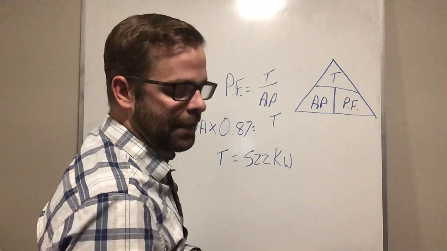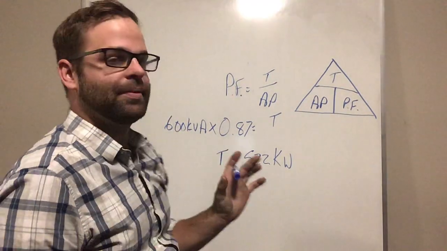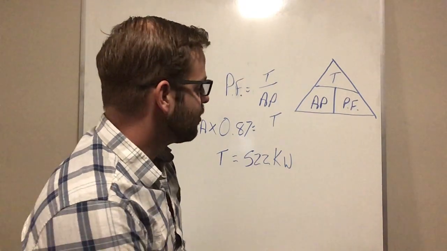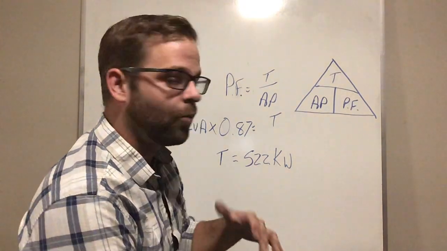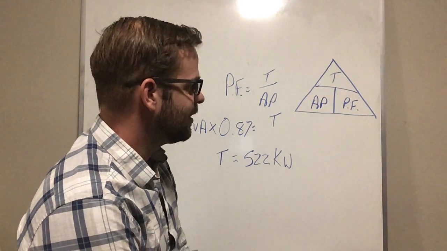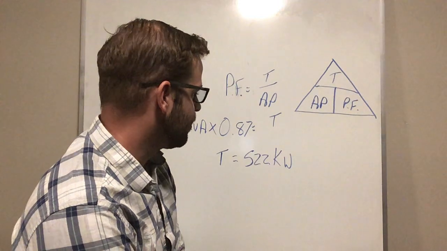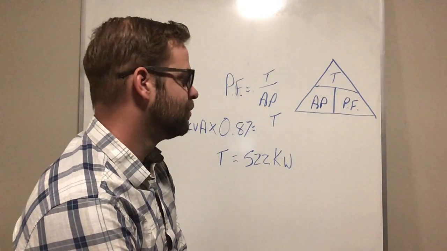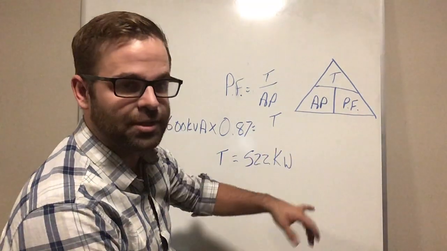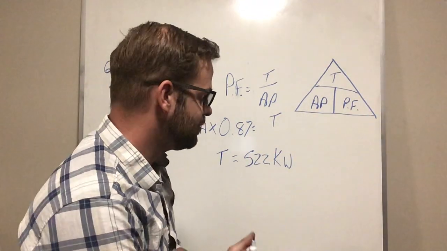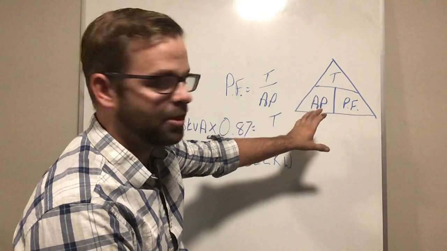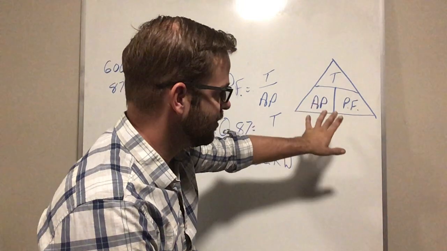Only problem I find with doing it this way is as the year progresses, we're going to have questions that are more and more complicated, with more and more variables, and you can't always put them in a triangle anymore. So if you can really understand cross multiplication and why we move things around the way we do, it'll allow you to get away from this, so you're not just stuck on a triangle.